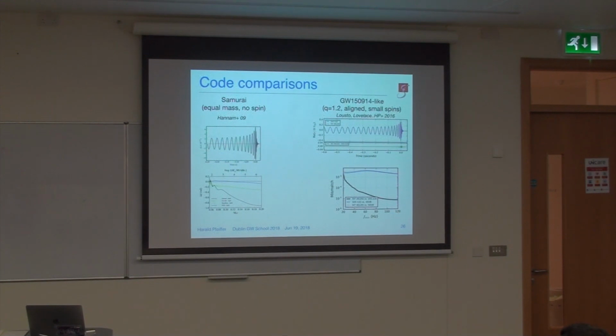The BSSN codes are slightly less complicated, but still they have the moving punctures that early on people weren't quite comfortable with. And since these waveforms are going to be used for LIGO gravitational wave analysis, and LIGO is a very expensive and flagship experiment, one really needs to be as sure as one can that the waveforms computed are actually correct.